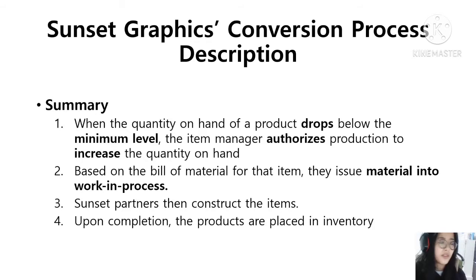So, to sum up, when the quantity on hand of a product drops below the minimum level, the item manager authorizes production to increase the quantity on hand. And then, based on the bill of material for that item, they issue material into the work in process account.